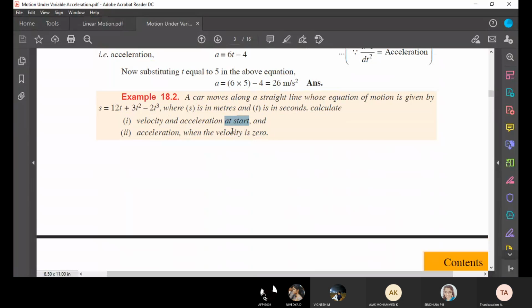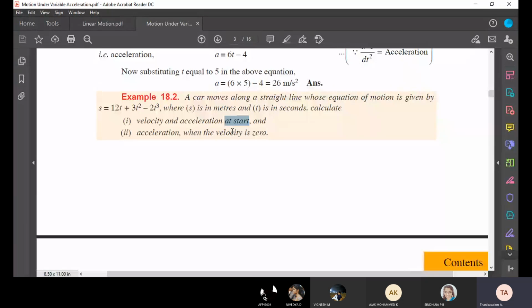At starting, students, at starting means what? What is the time? Suppose you are traveling from Chennai to Thiruvananthapuram, or Chennai to Coimbatore. The travel time is 12 hours. Just imagine the travel time is 12 hours by train. So you are starting from Chennai Central Railway Station. What is the starting time?